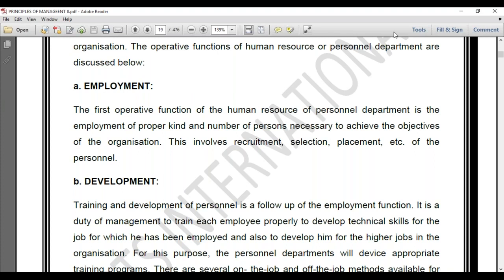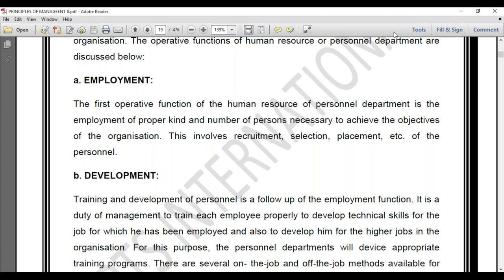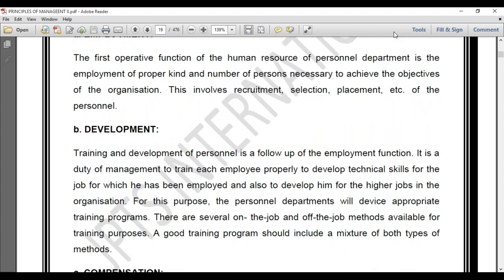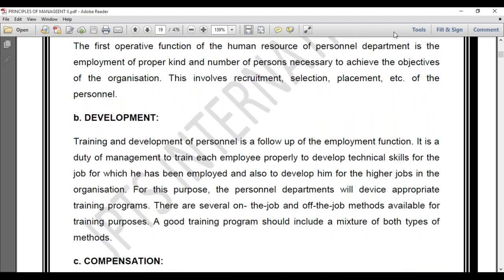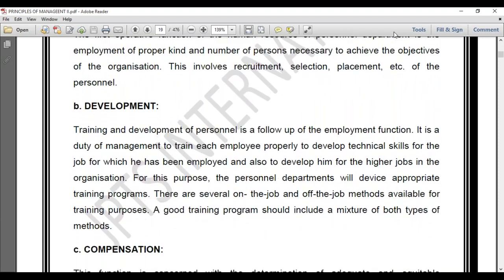After employment, the next thing we look at is development. Because of the people you employ, most of them may be young school leavers that just left school with little or no job experience. Even if they have job experience, you just employed them. You need to develop them. You need to carry them along. You need to put them through the job, because some of them have not been doing that kind of job for a very long period of time.